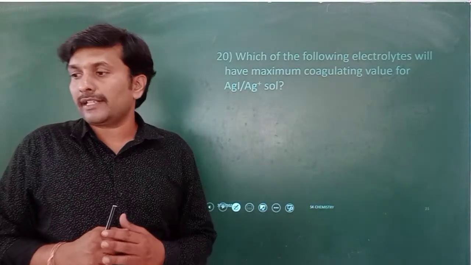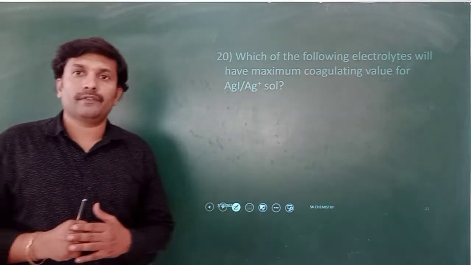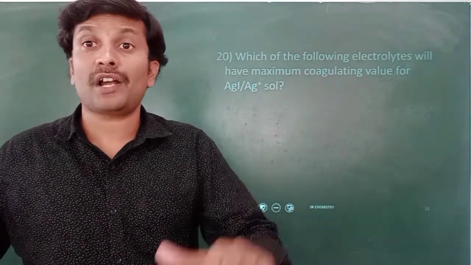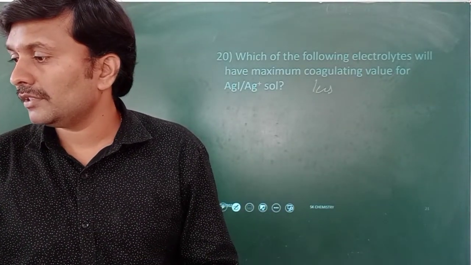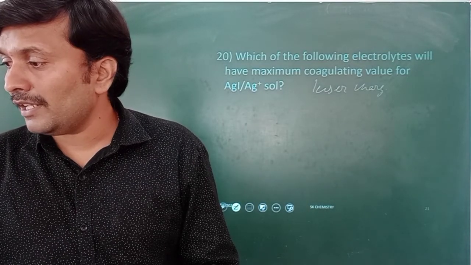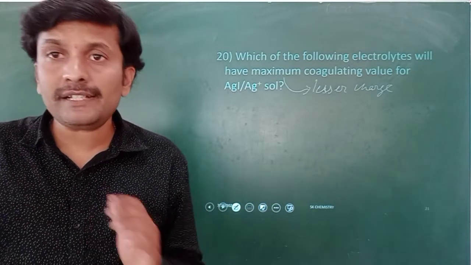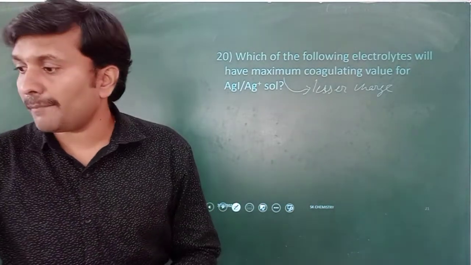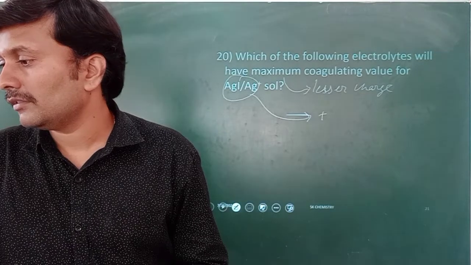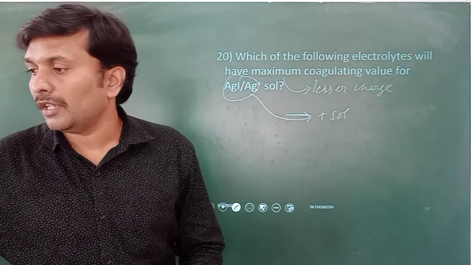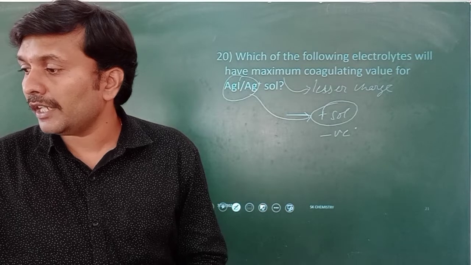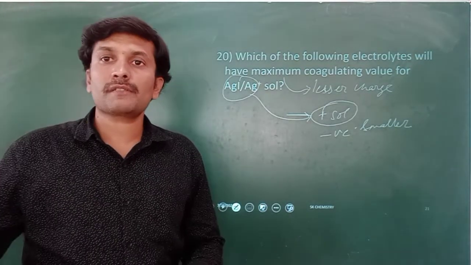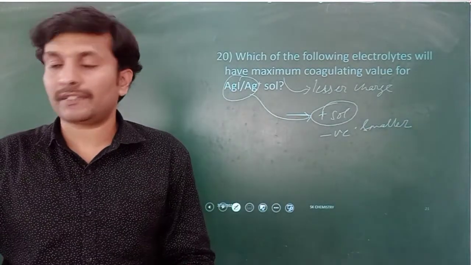Which of the following electrolytes will have maximum coagulating value? Maximum coagulating value means lesser charge. That's all. These things you will come to know when you have practiced more questions. And this is a positive sol. For a positive sol we should have a smaller negative charge. When the negative charge is smaller, the coagulating value is going to be maximum.